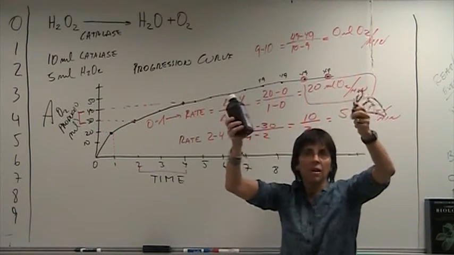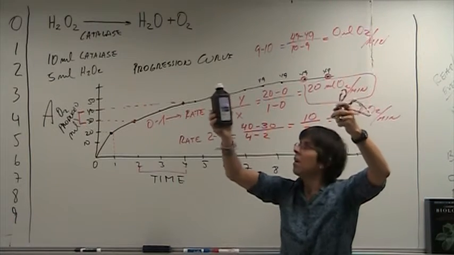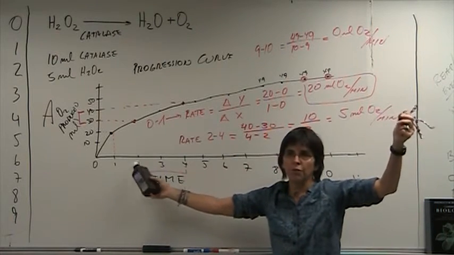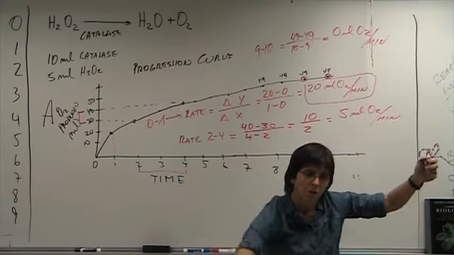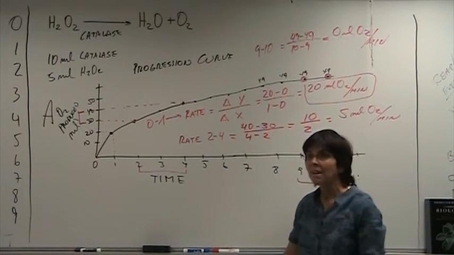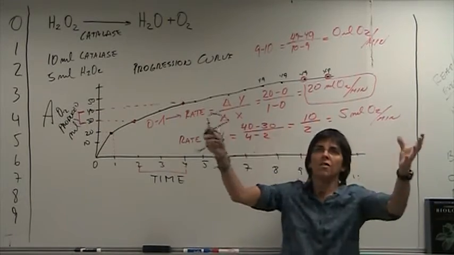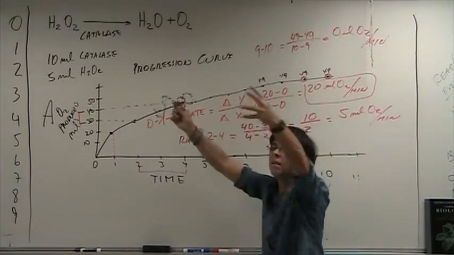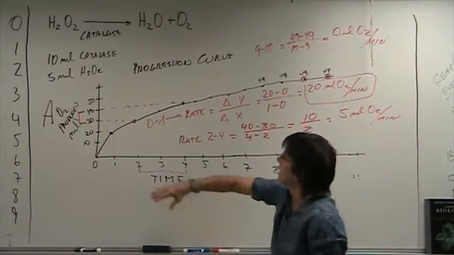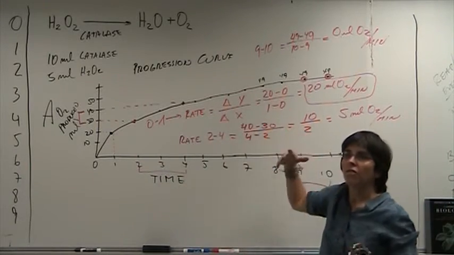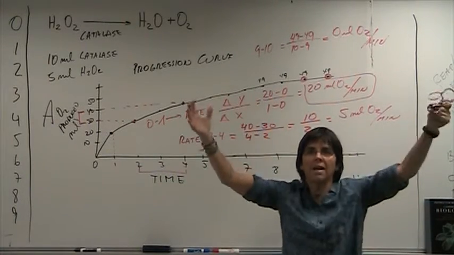As this encounter and the reaction progresses, what's happening after the first minute? The amount of hydrogen peroxide decreases, the substrate decreases, and the enzyme keeps on going around, bouncing, trying to find more hydrogen peroxide. And that's why the reaction slows down, because they have to find each other.